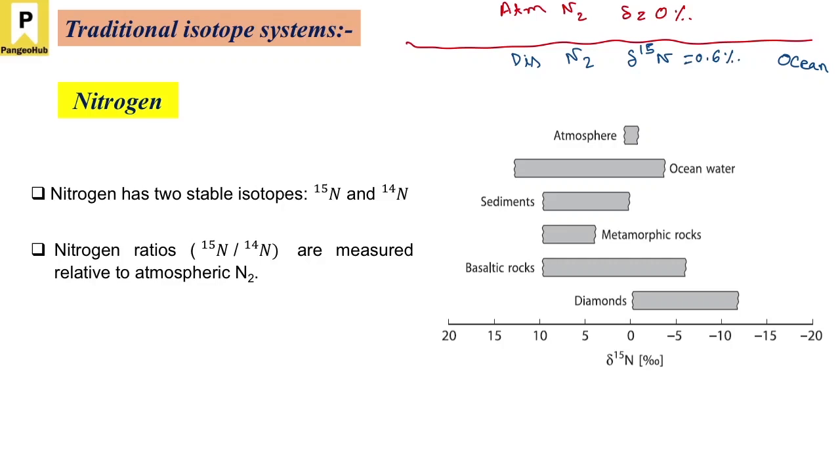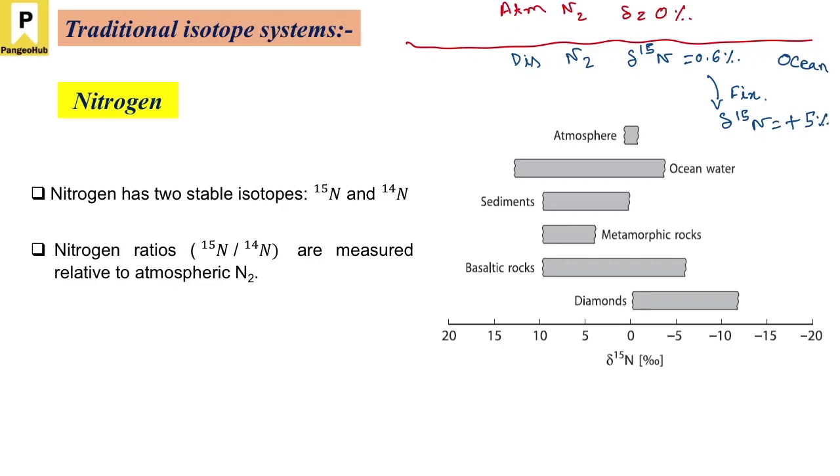So it goes through the nitrogen fixation process, and the delta 15N value becomes close to plus 5 per mil.